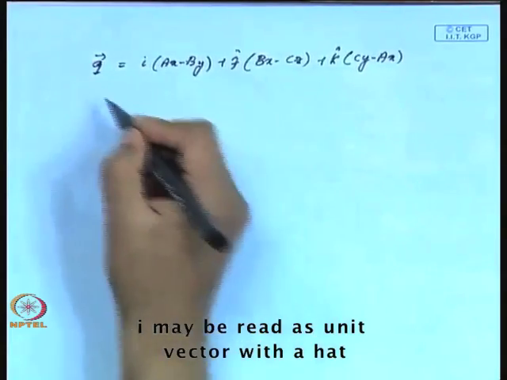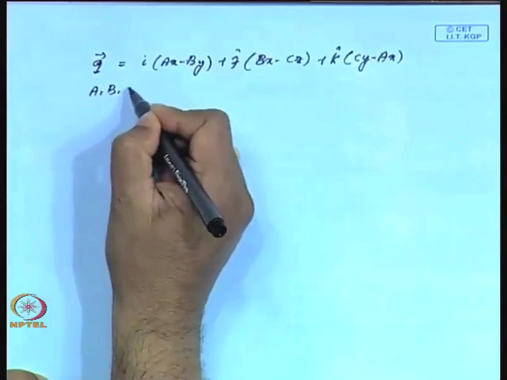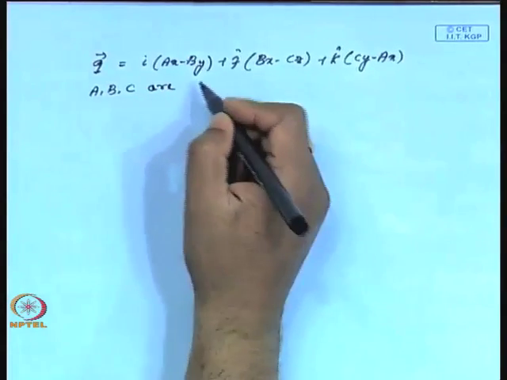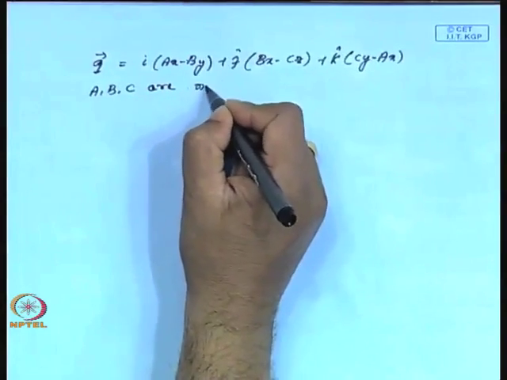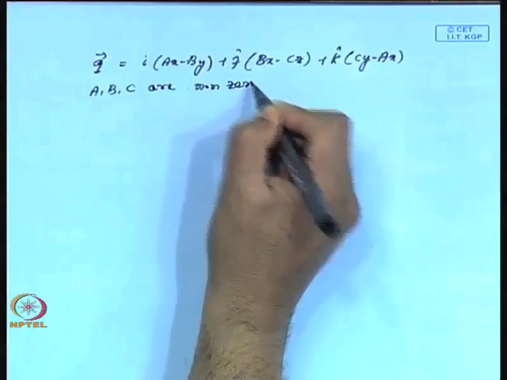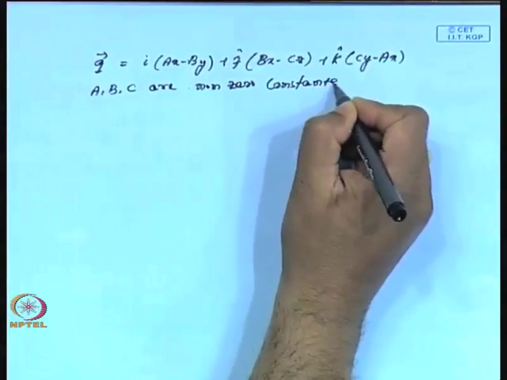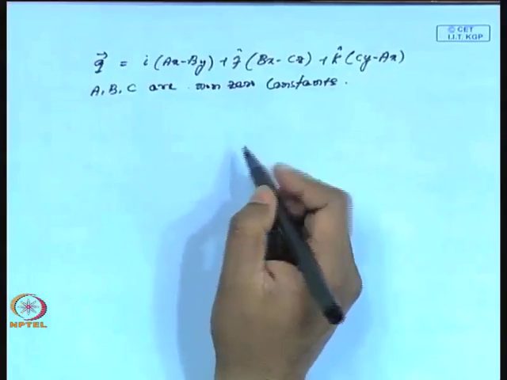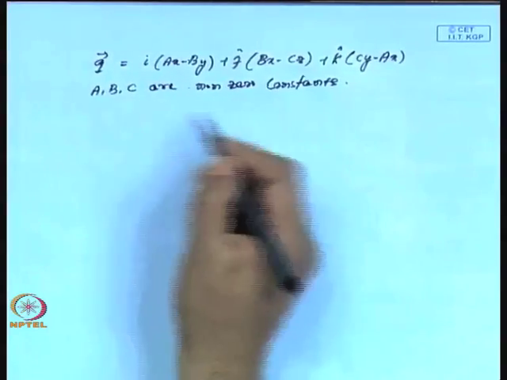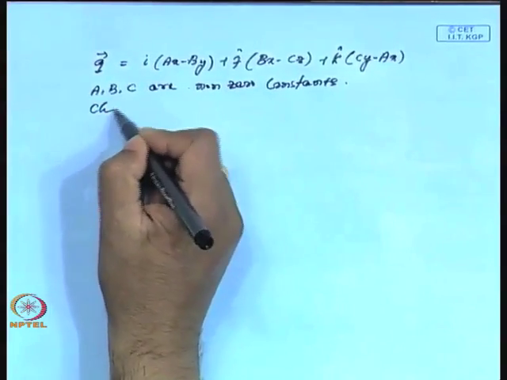Then a, b, c are known, non-zero constants. So, what will happen to the flow? Characterize the flow.